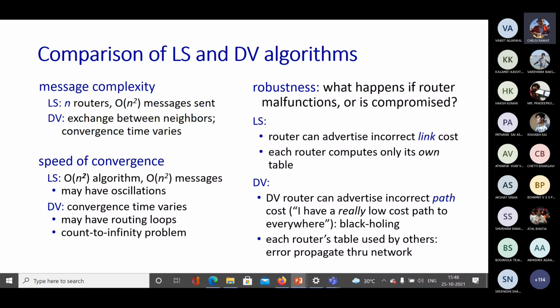And for DV, that is distance vector, the router can advertise incorrect path cost, which is also known as black holing. And each router's table, which is used by others, propagates error throughout the network.